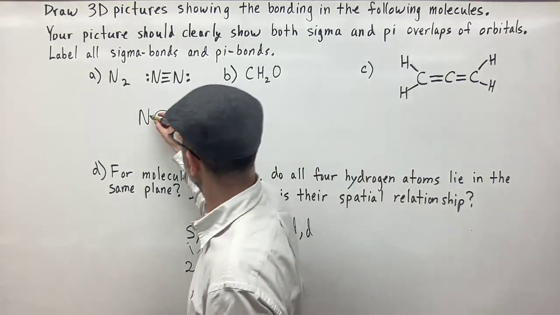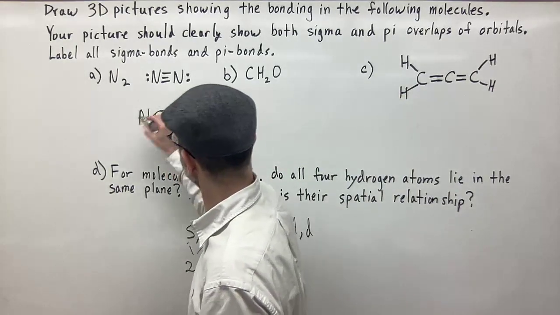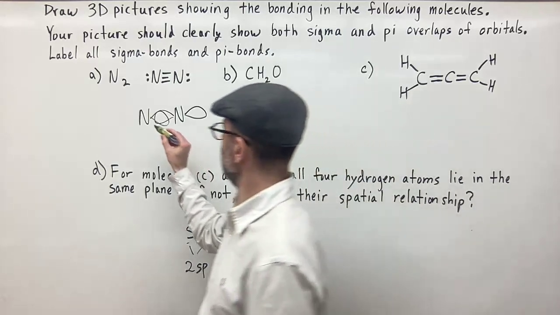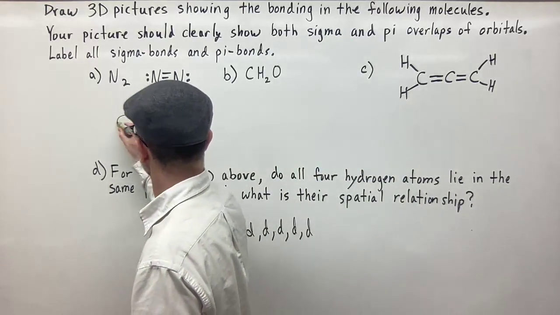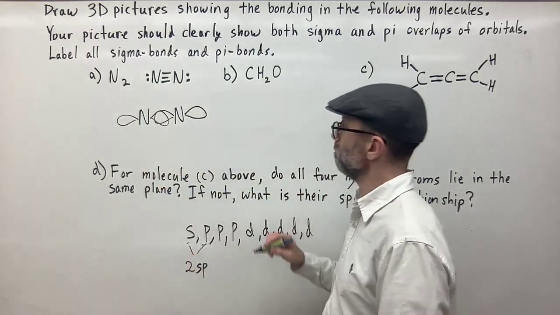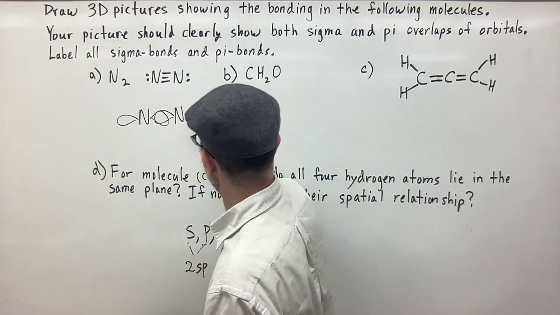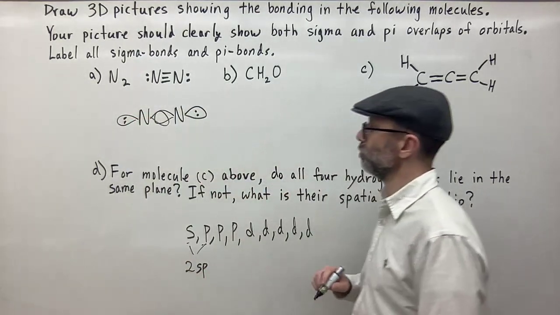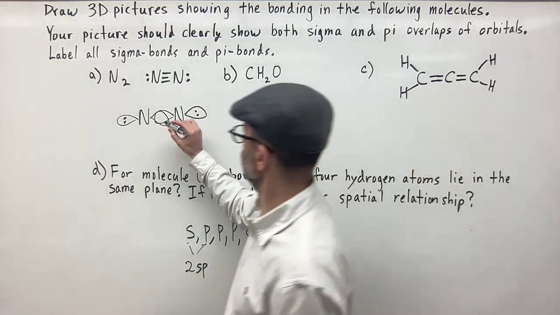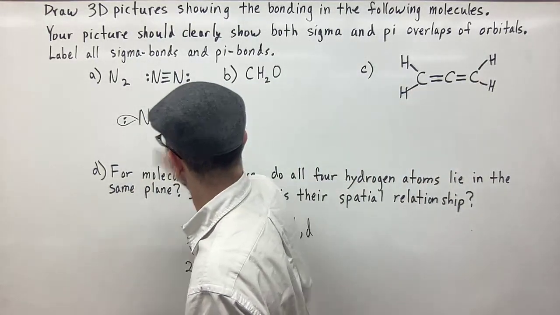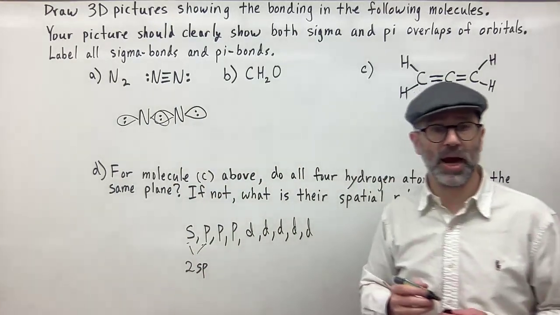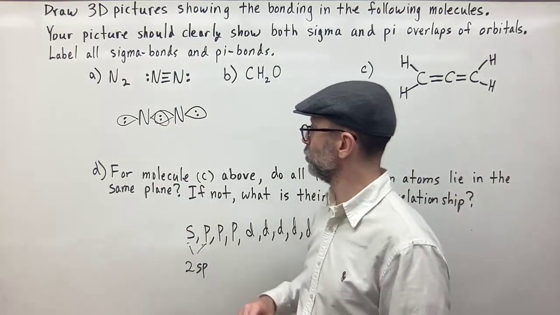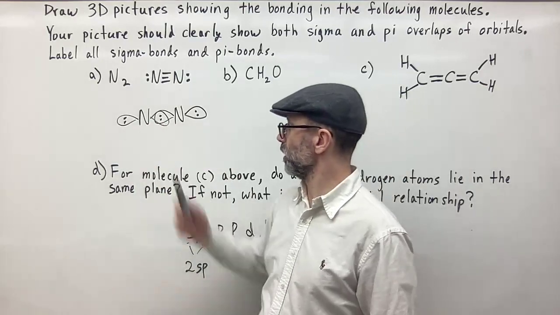There's going to be an overlap here of an sp hybridized orbital, and over here you're going to have an sp hybridized orbital, and in here you're going to have the lone pair electrons like so. And of course you're going to have an electron pair there, being shared between the nitrogens, and then you've got the lone pairs here.